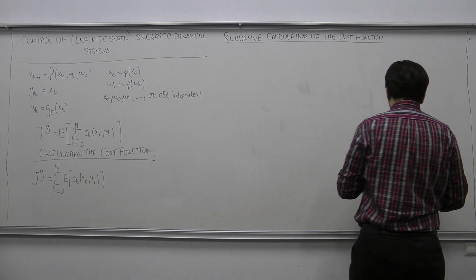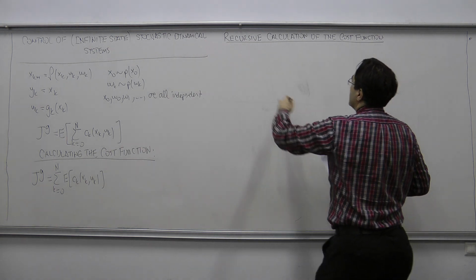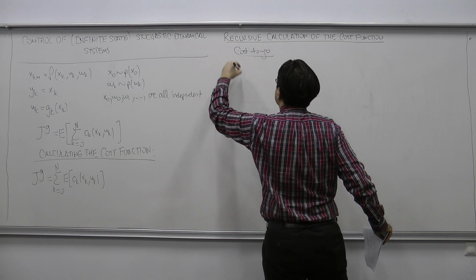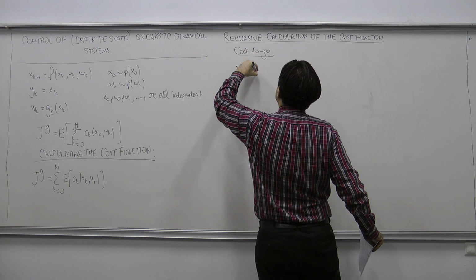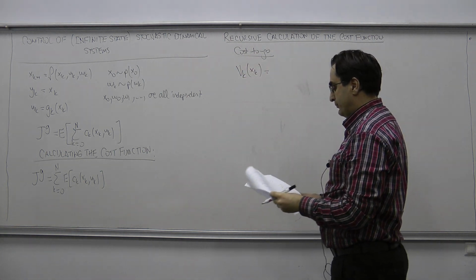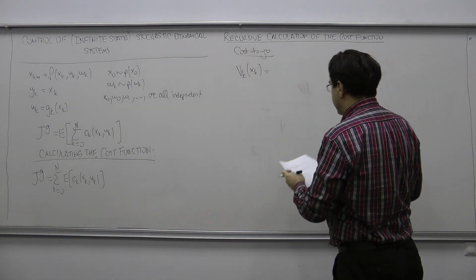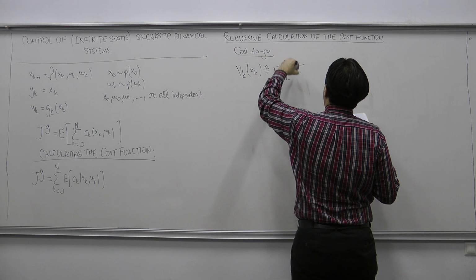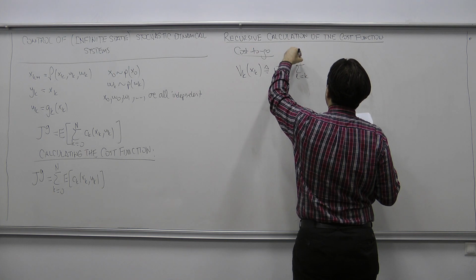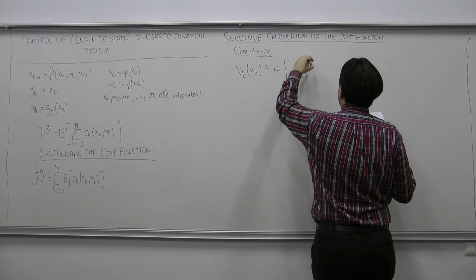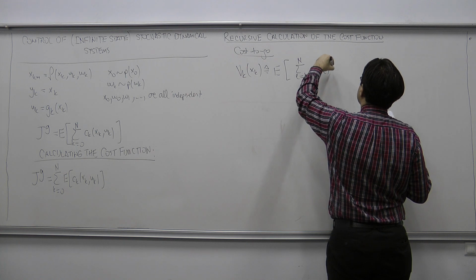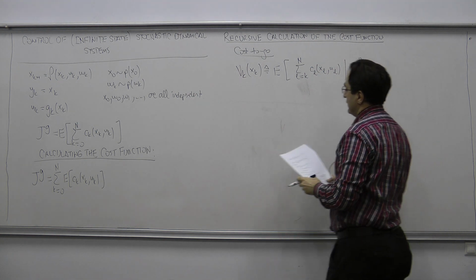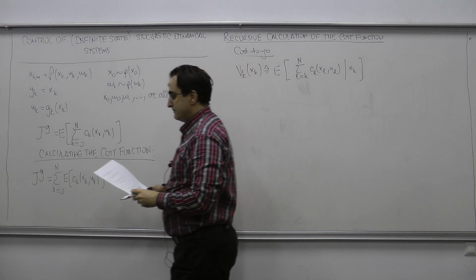So this cost to go function is going to be shown as Vk of xk, and it is defined as follows: expected value of the cost from time k to the final time, CL, XL, UL, given that the state at time k is xk.